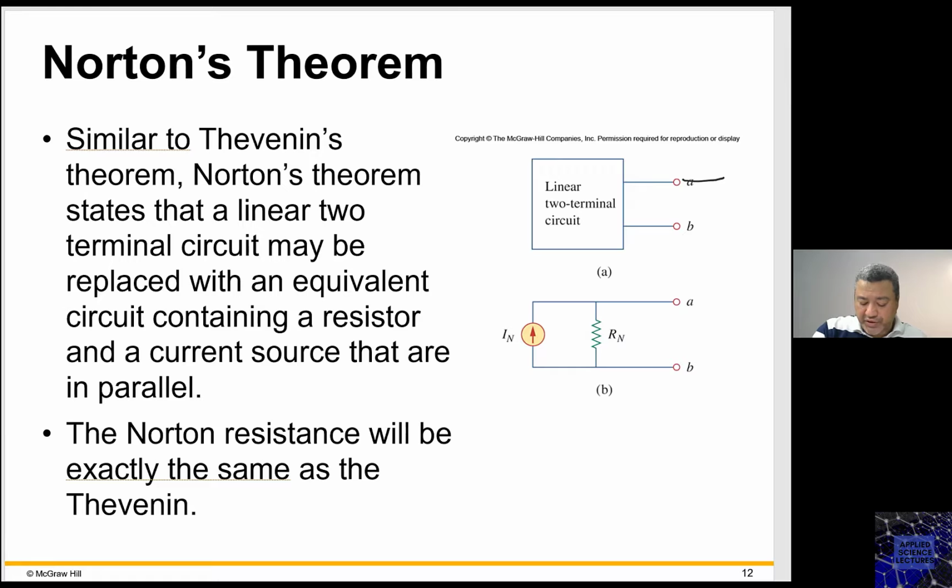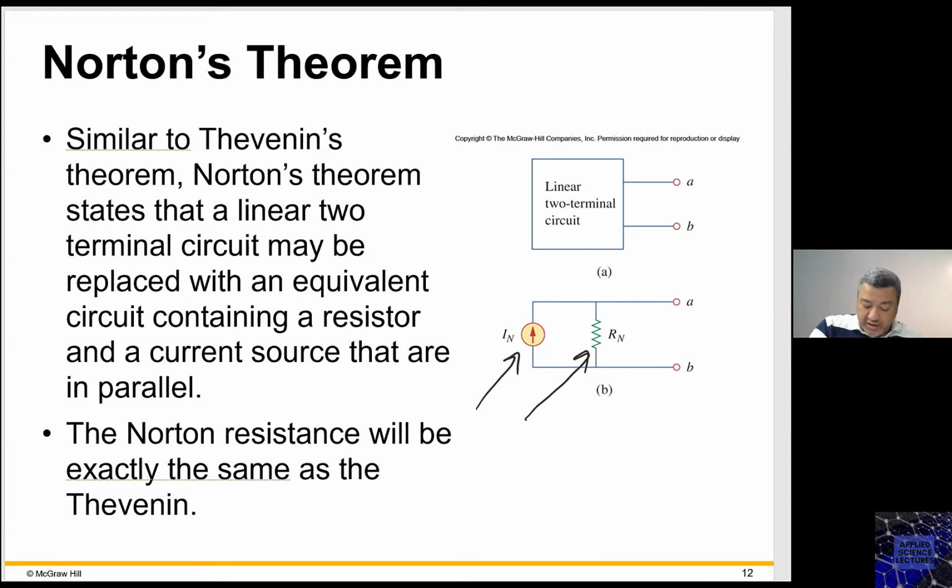If we have a load here, we will remove a load. The Norton's equivalent circuit is basically an independent current source that is connected in parallel with a resistor that is called R Norton.